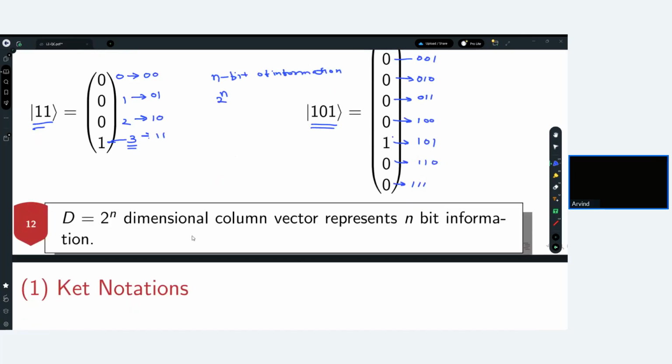So here 2 to the power of 2 equals 4, and we can represent 2 bits of information. If we are using 3, then 2 to the power of 3 is 8, and we can represent 3 bits of information. Similarly, to represent 4 bits of information, we need a column vector of size 16.